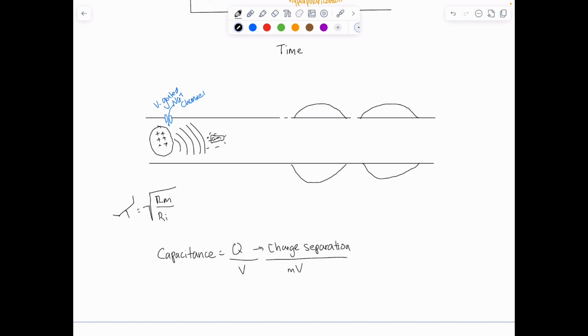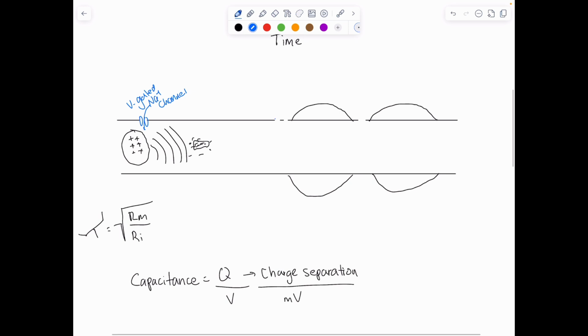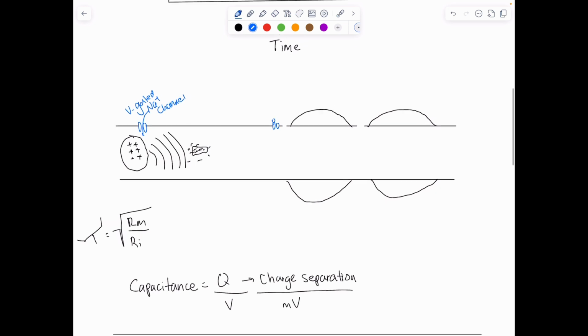Right here, we still have some voltage gated sodium channels, but we also have potassium leak channels, and these bumps right here are myelin.